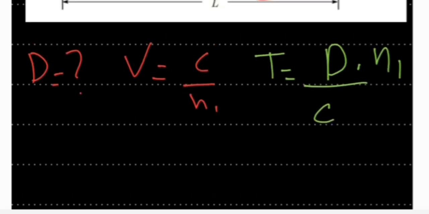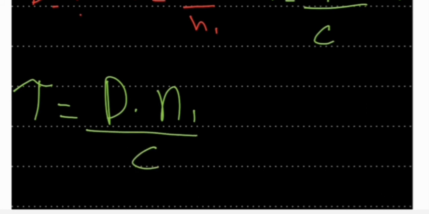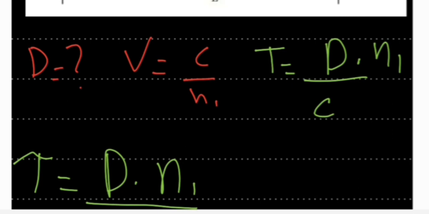So this is the term that we need to look. So t is equal to d multiplied by n1 divided by c. Now if we find d, we are finished, right? So let's find d.